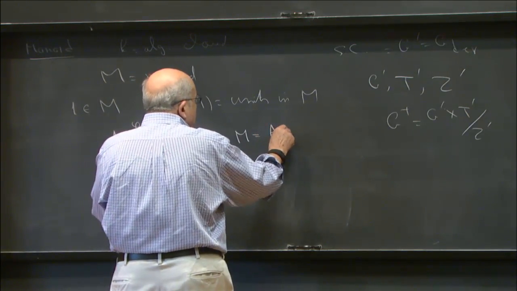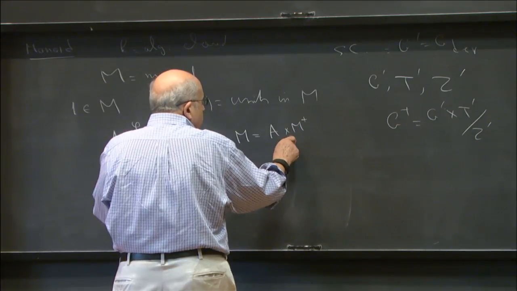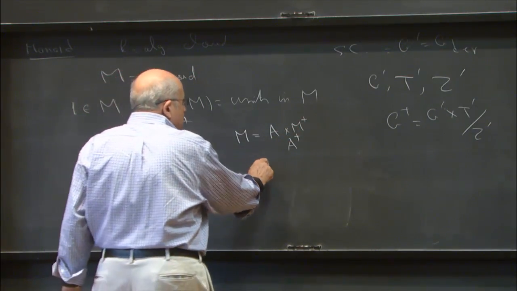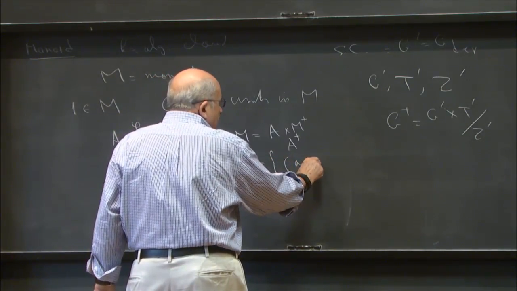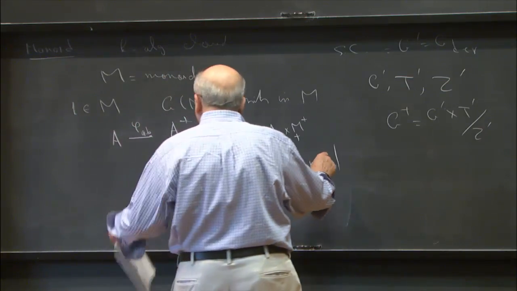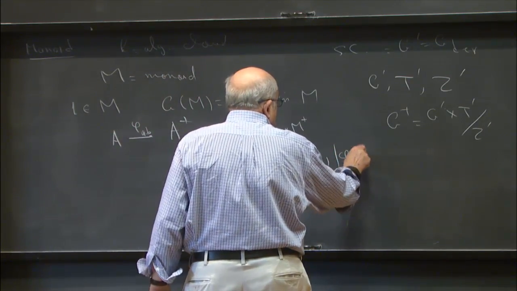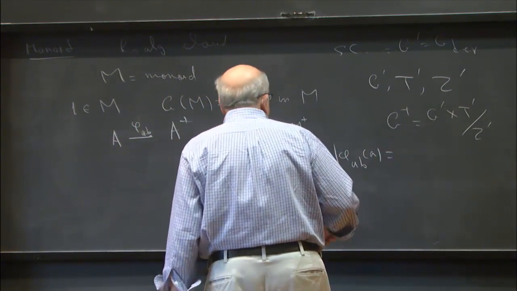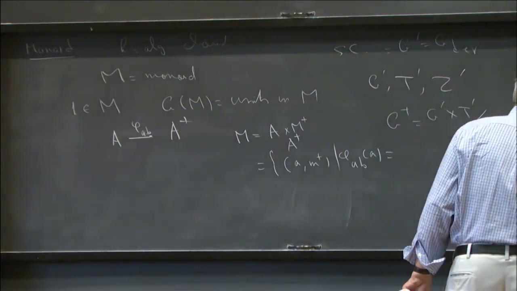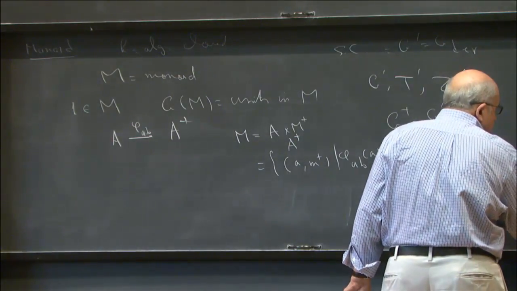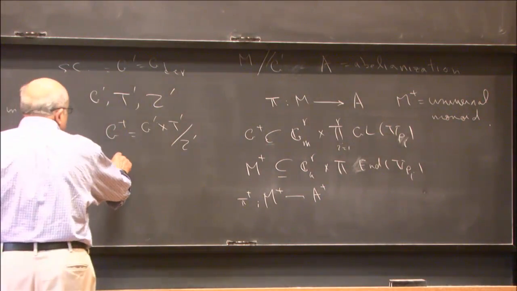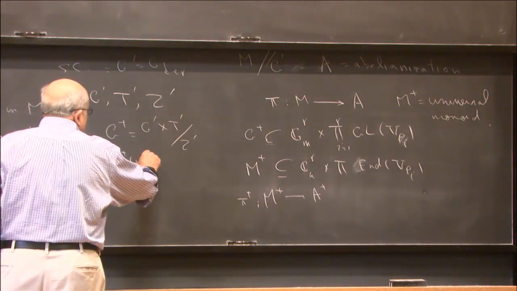So you get A cross M plus over A plus, and this is just all the pairs a and m plus for which the image of a, under the map from A to A plus, is equal to pi plus of m plus.